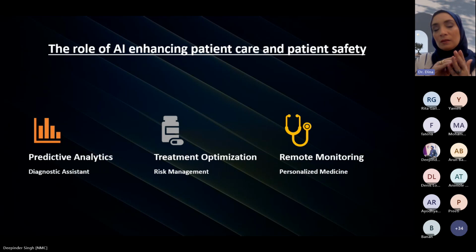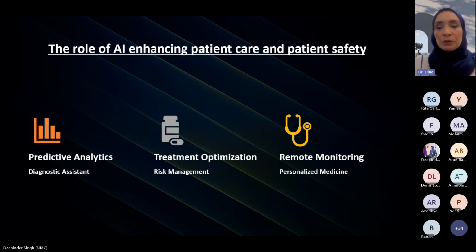And this is one of the biggest risks that I see in the Middle East specifically and generally worldwide: the quality department and the clinical team are not involved in the technology implementation. So you might end up with an AI solution running in your facility and you don't know that it's there. The reason is that we didn't develop a governance of AI and technology implementation in our facilities.